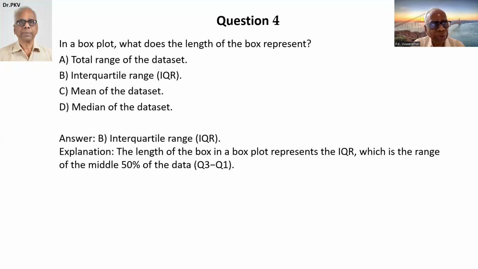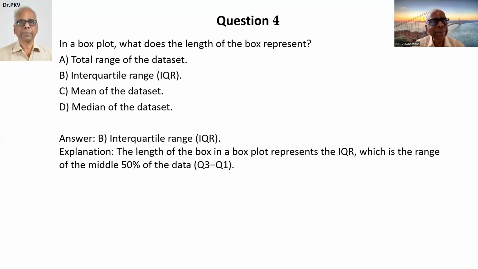So the distance between Q3 and Q1, which measures the interquartile range, is the length of the box, and therefore choice B is the right answer. The outside whiskers represent minimum value and the maximum value.